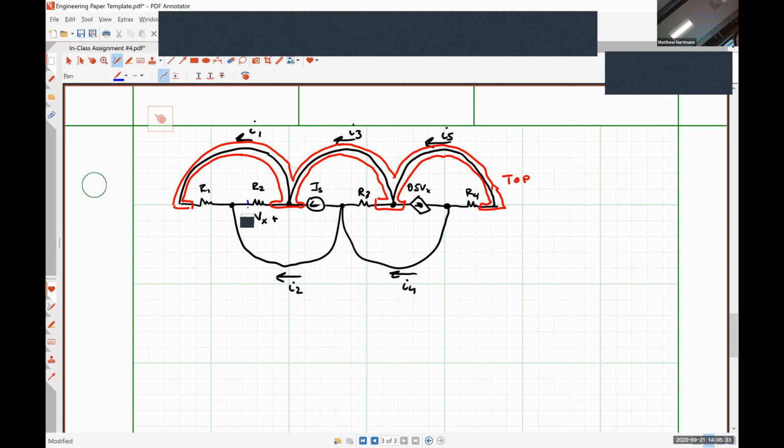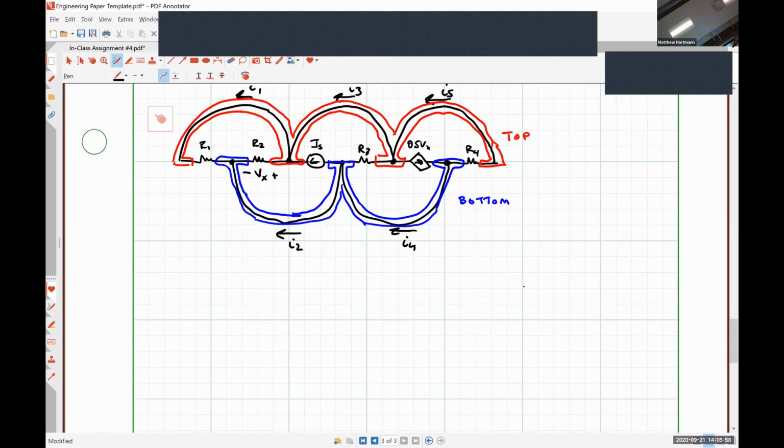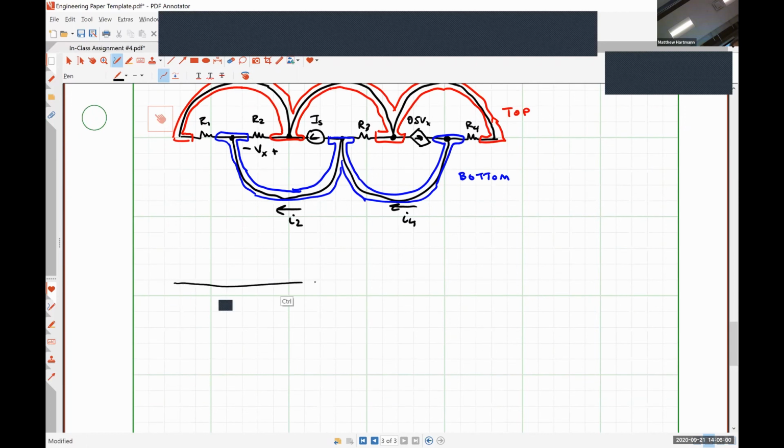And the node I'm outlining here in blue will be our bottom node. So we're going to redraw it.